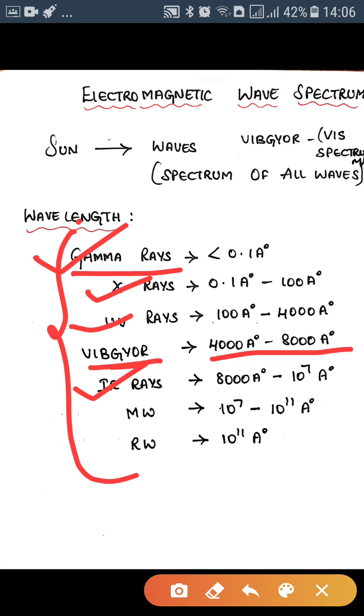The remote works with the help of this infrared radiation. Next, microwave radiation occurs in microwave ovens, and radio waves occur in all radio stations. The radio we can listen to in our home is because of these radio waves.